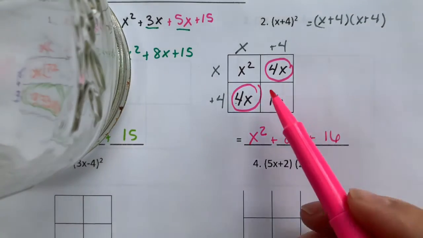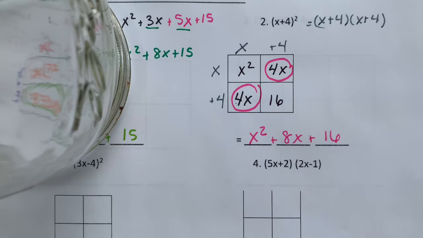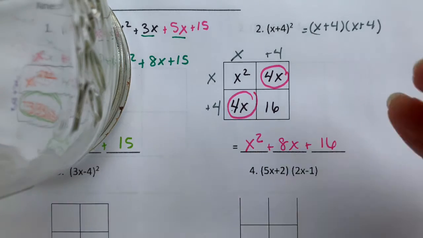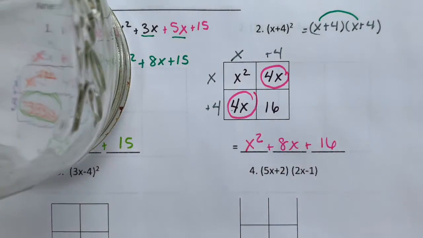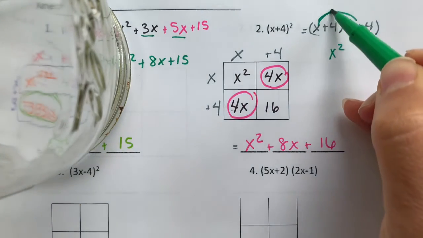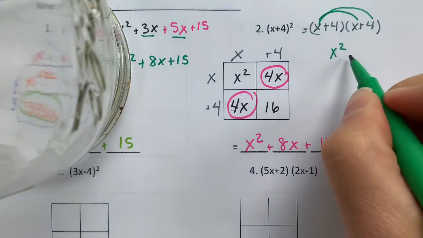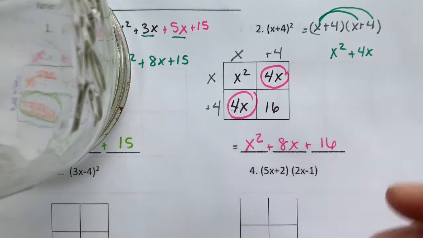Notice that all of these are positive. If they weren't, then I would have to put a negative there. Now, if you prefer to do what I call FOIL, and it's just an easy way to say double distribution, I feel like that's a little harder. So I'm going to take this x, and it has to be multiplied by the other x. So I will have x squared, and this x needs to be multiplied by the 4, so I have a 4x.